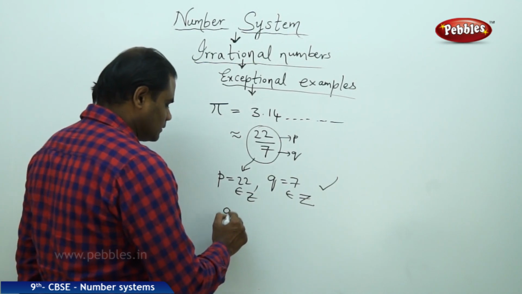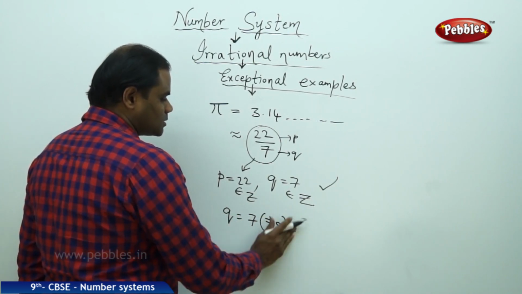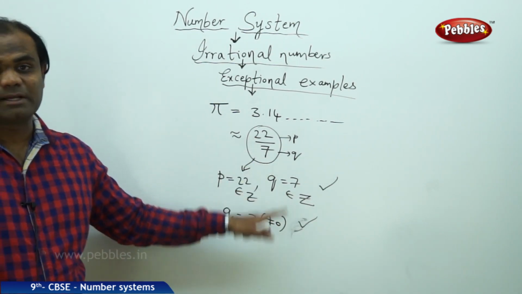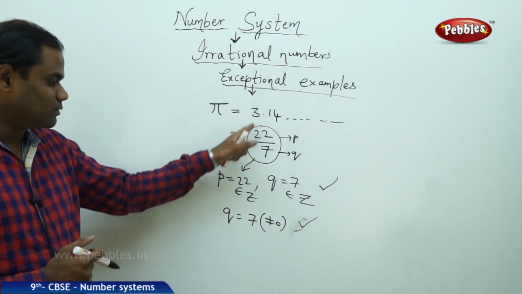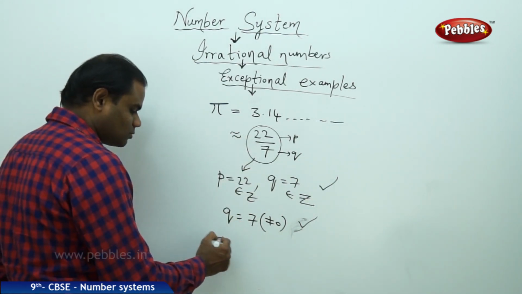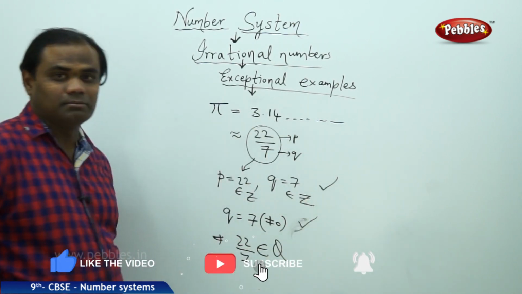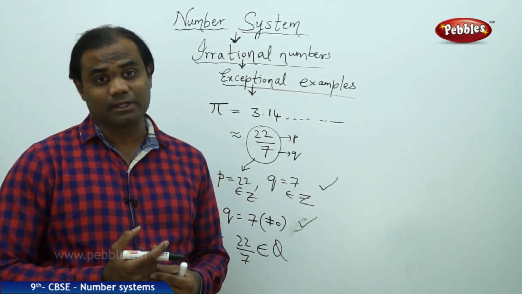And similarly, my denominator q is not equal to 0, which is test number 2, which 22 over 7 passes in rationality. So because of the two tests, 22 by 7 is a rational number. Therefore, I would need to assume that pi is a rational number.